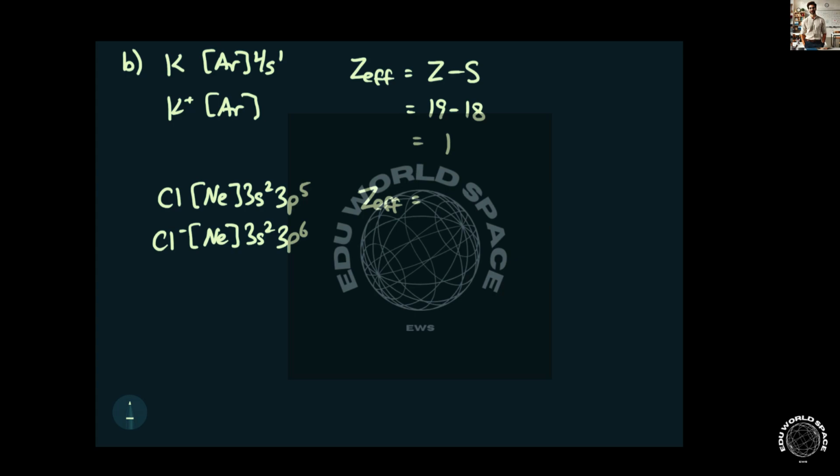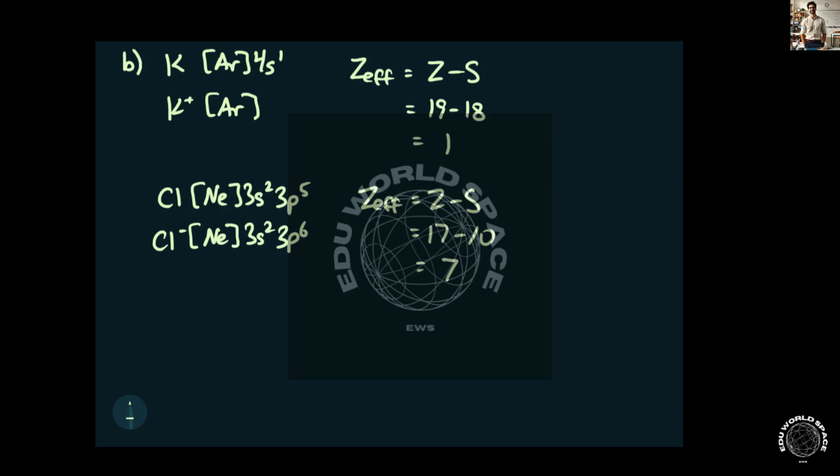The core there, so sorry, 17 minus 10 core electrons, Z minus S, 17 minus 10 is equal to the effective nuclear charge of 7.